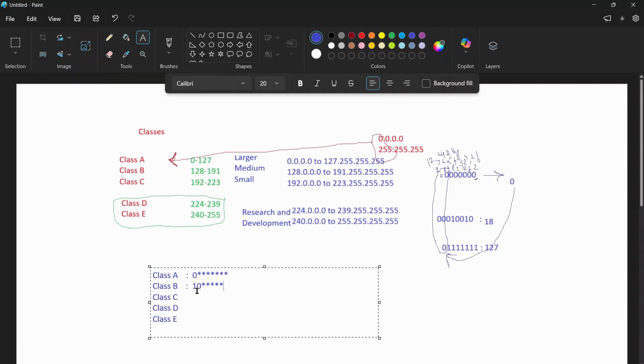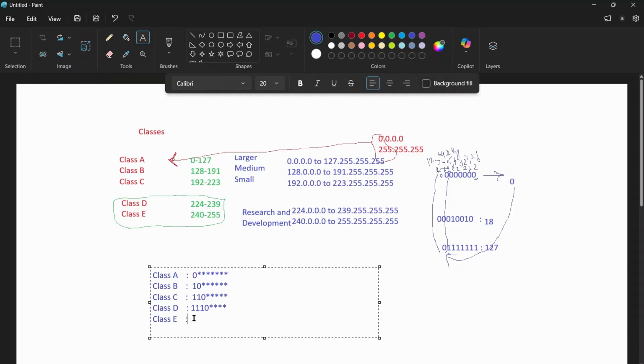Remaining 6 positions will be changed. Coming to class C, 1 1 0 will be constant and the remaining will be changed. In class D, triple 1 0 and the remaining 4 positions will be changed every time we are calculating.